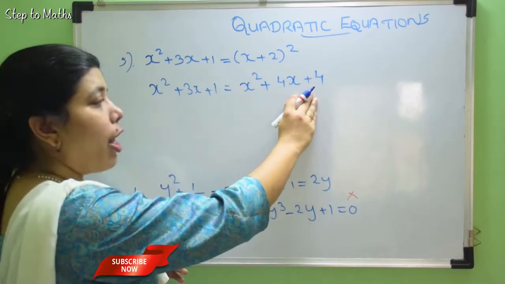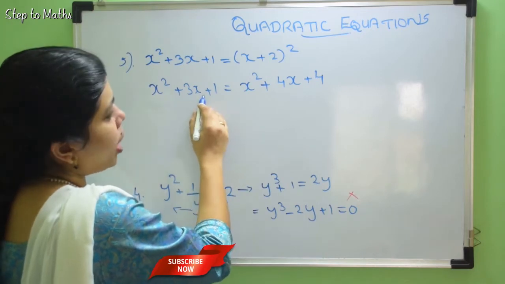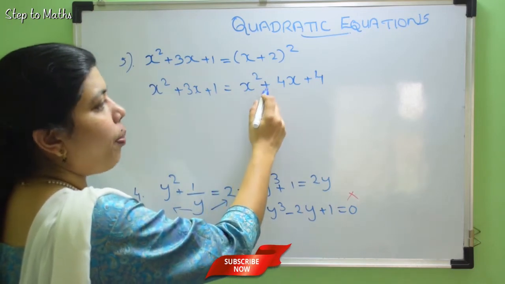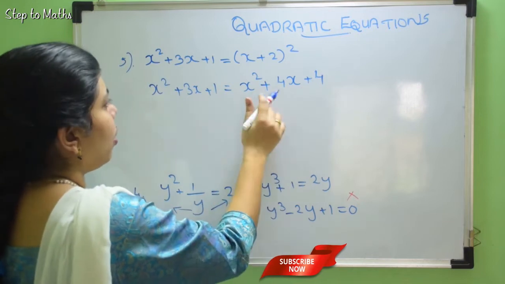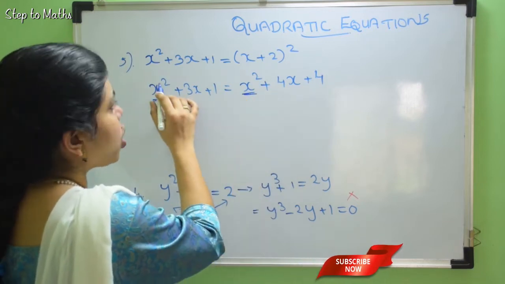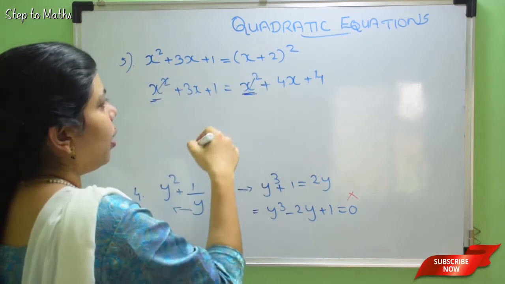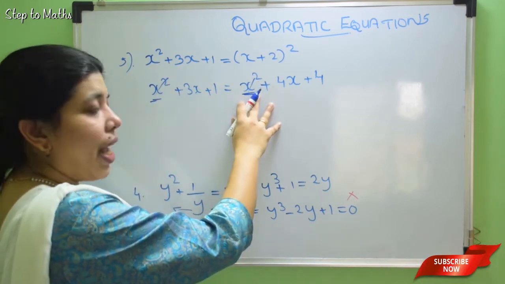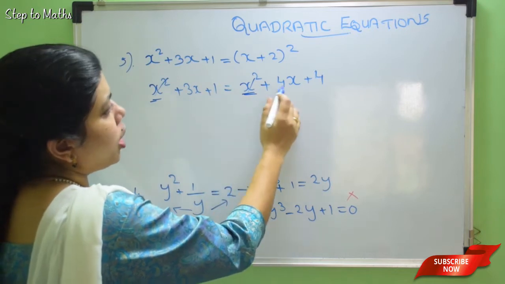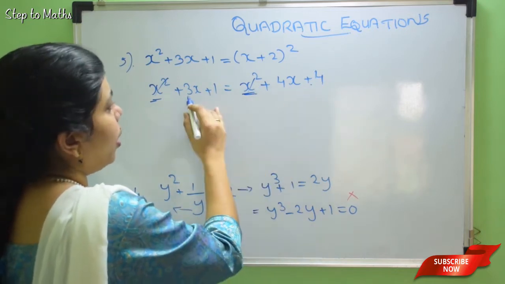Now simplify this equation. x square minus x square cancels. 3x plus 1 is equal to 4x plus 4.